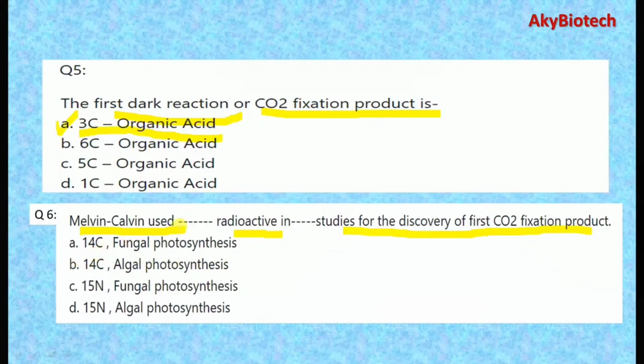So for this we have to fill in the blanks. Melvin Calvin used 14C radioactive in algal photosynthesis studies. He used algal photosynthesis.